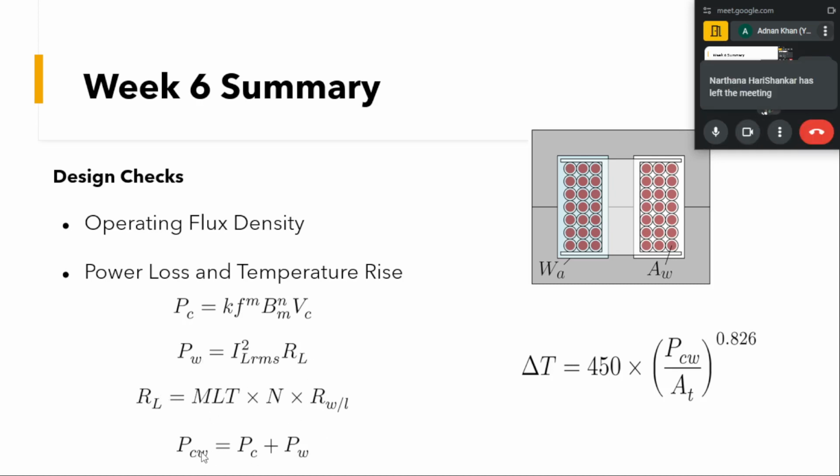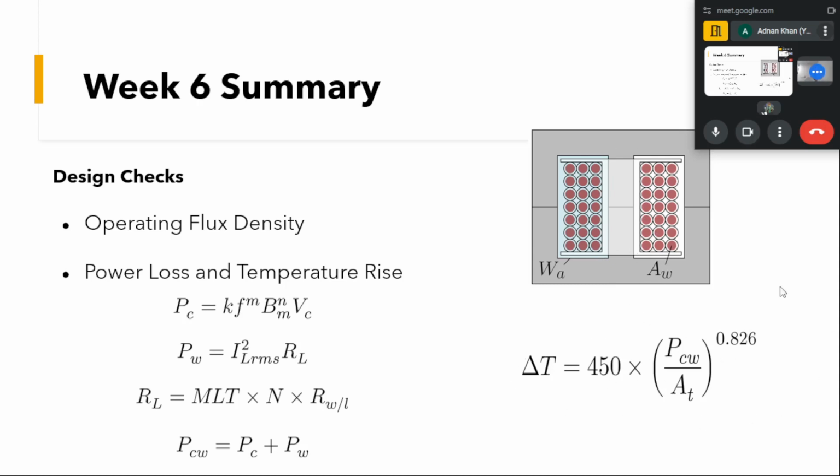And even when these core losses and power losses are calculated, we have to calculate the temperature rise in the core. So this is given by this equation where PCW is the total loss, and AT is the surface area of this core.